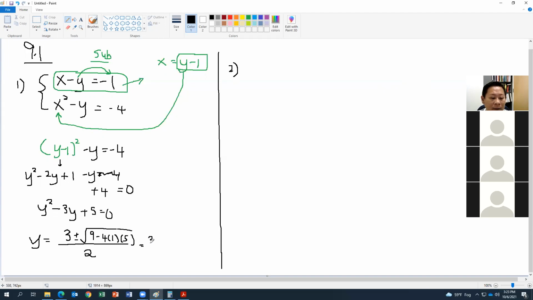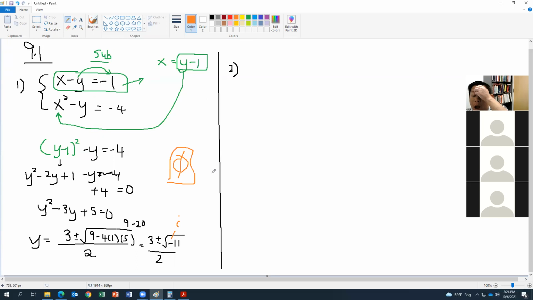So what happens inside here, you have to figure out. What do you get? 9 minus what? 20, right? And what happens when you take 9 minus 20? You get -11. Since this number is negative, it makes the answer complex, so you will get no solution here.